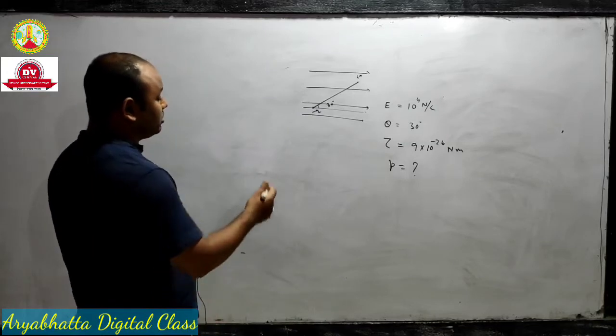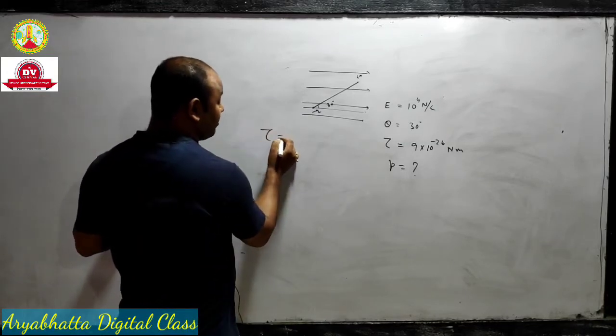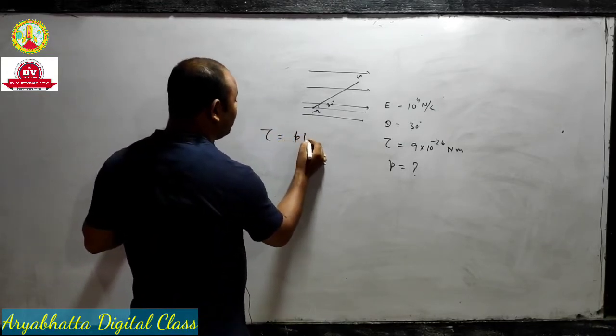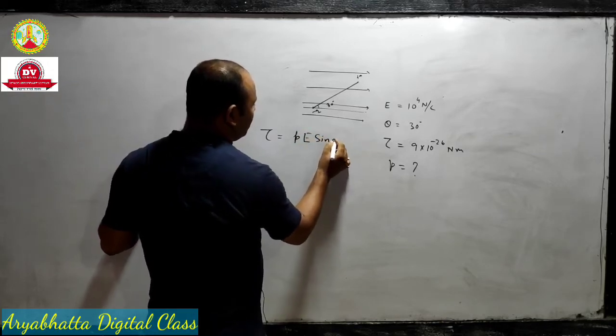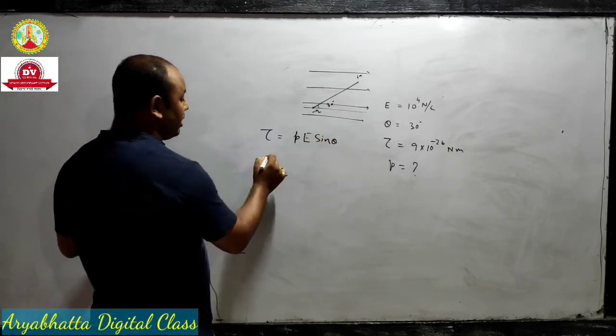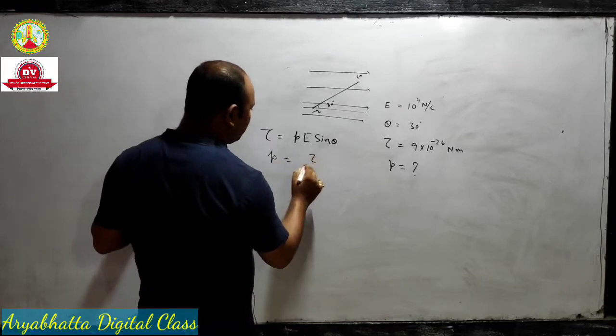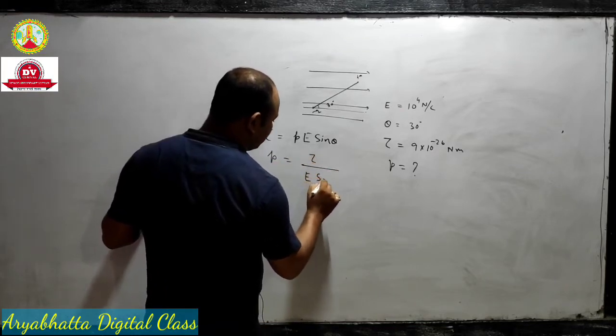We know that the torque acting on an electric dipole, tau, is equal to P E sin theta. The value of P will be equal to tau divided by E sin theta.